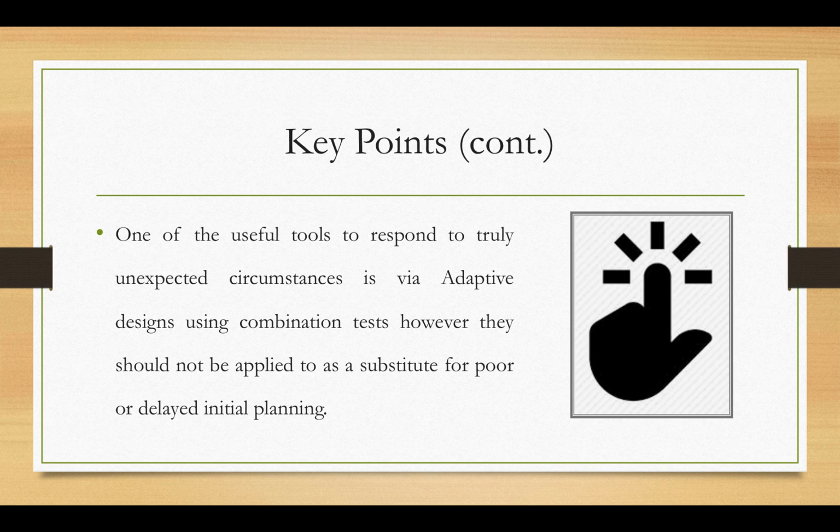In addition, one of the useful tools to respond to truly unexpected circumstances is via adaptive designs using combination tests. However, they should not be applied as a substitute for poor or delayed initial planning.